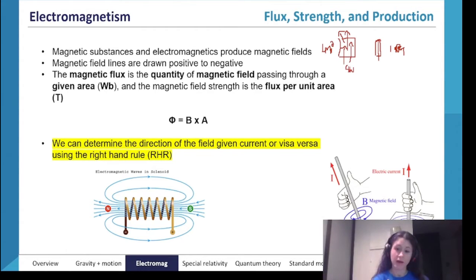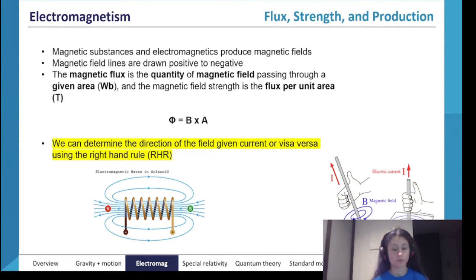You can have an absolutely massive area and have a lot of magnetic flux. However, with that same massive area, you could have a very small magnetic flux density, because the reason that the magnetic flux is so high is because it's a massive area, but when you take it per unit area, there's not actually a lot of lines passing through each unit area.